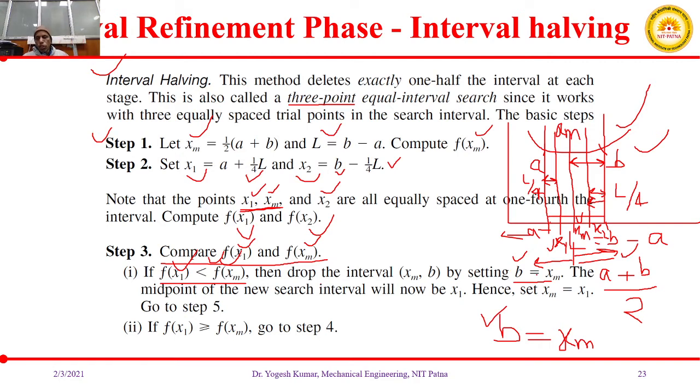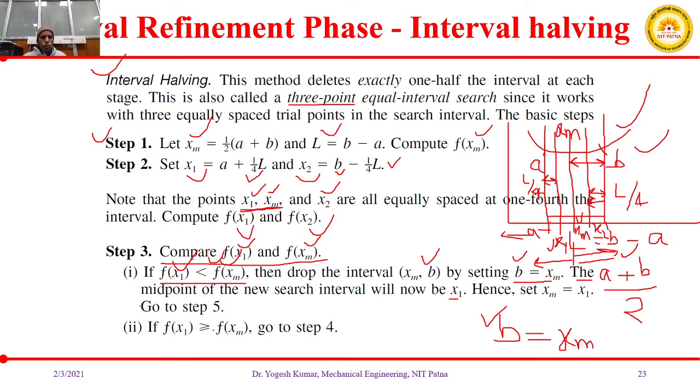If the condition f(x1) less than f(xm) continues, we will continue by setting xm equal to b. Here you can see at each step, the midpoint of the new interval will be your x1. Hence xm equal to x1, and you can go to step 5.